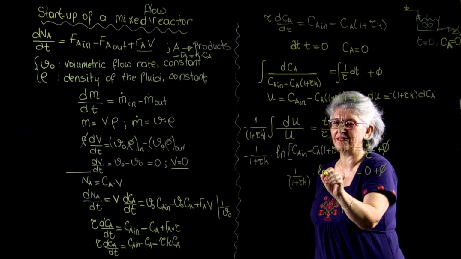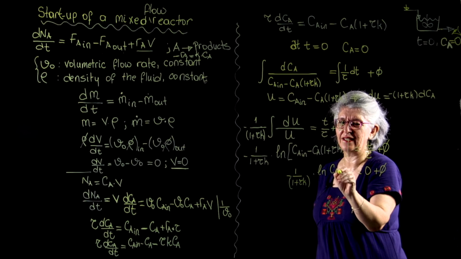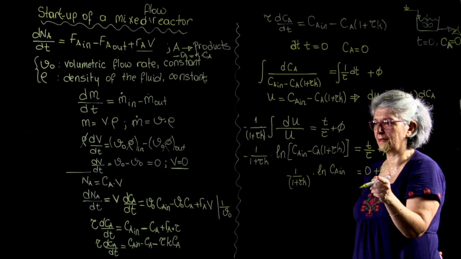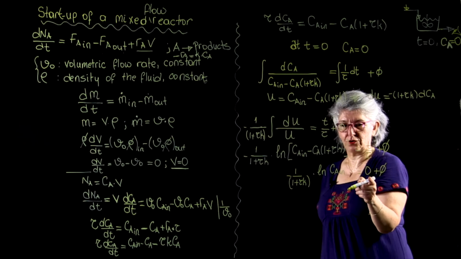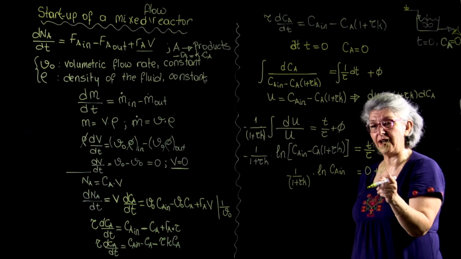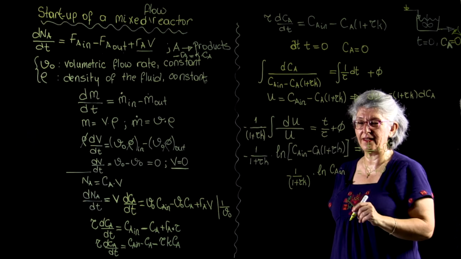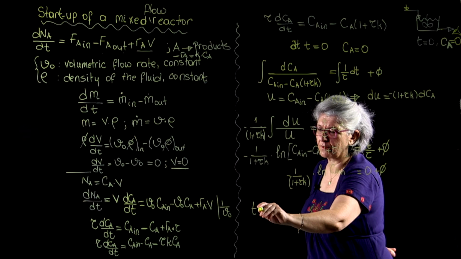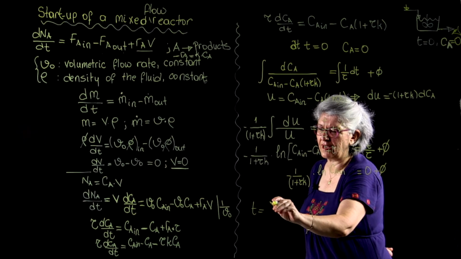times ln Ca in. That is my phi. So I substitute this for phi, and I have an expression for t. t is equal to tau.